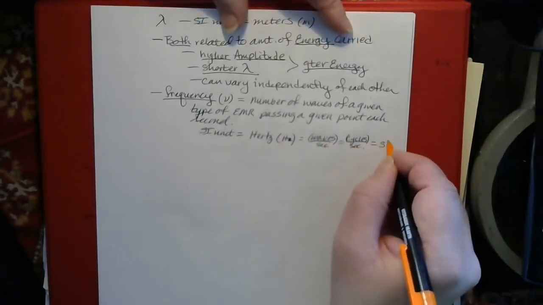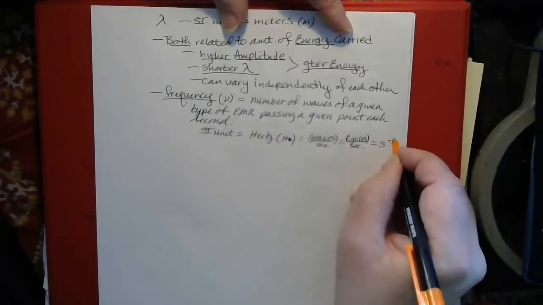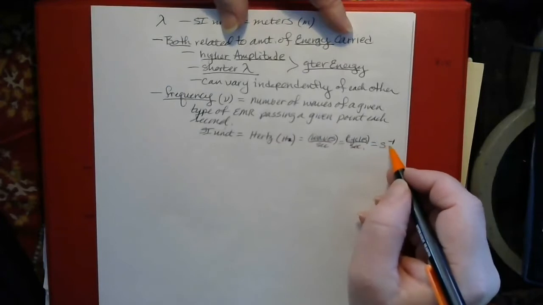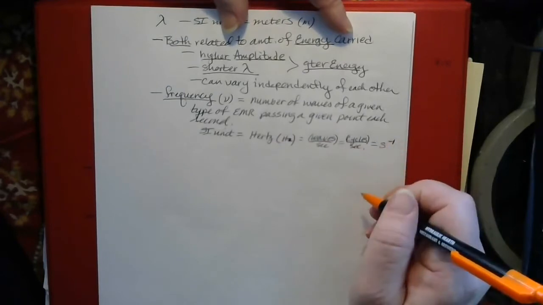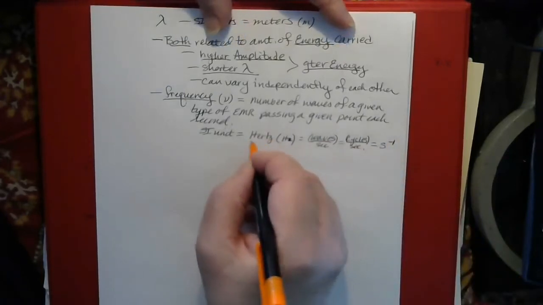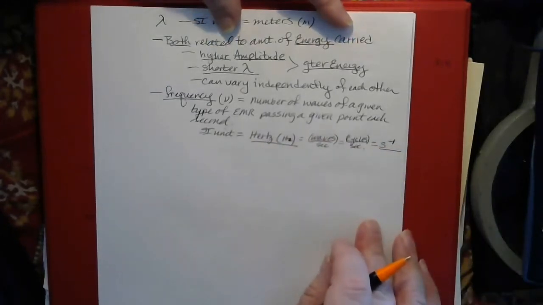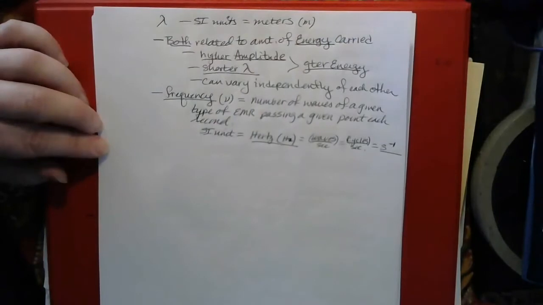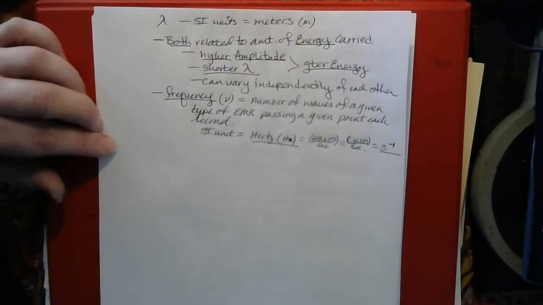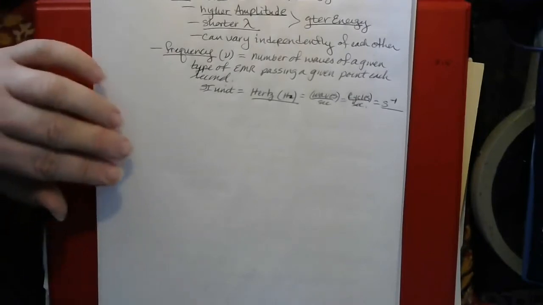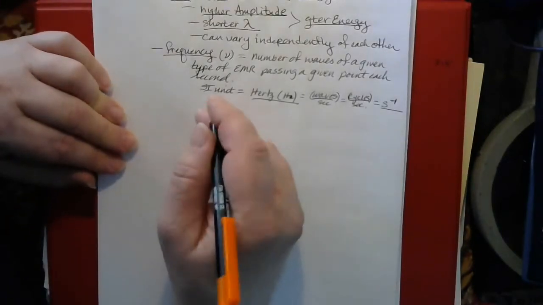So you can also report frequencies as inverse seconds or seconds to the -1. So these would be the two standard ways of doing it, hertz or seconds to the -1.